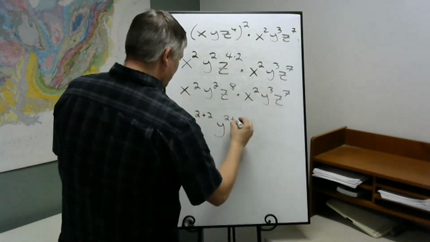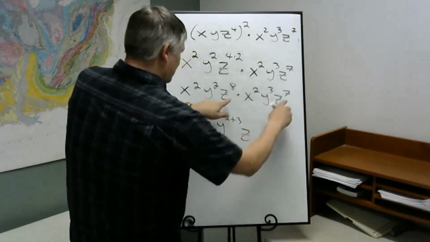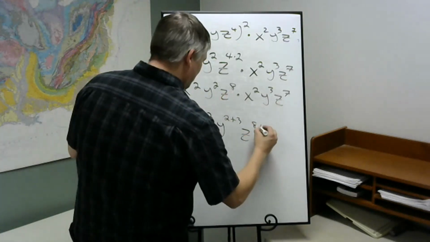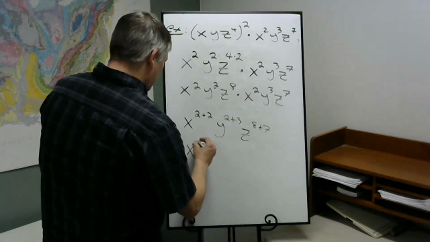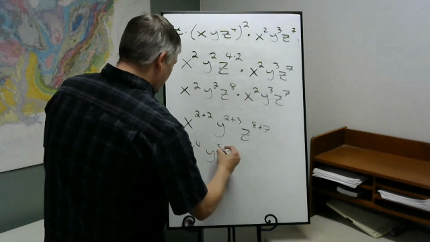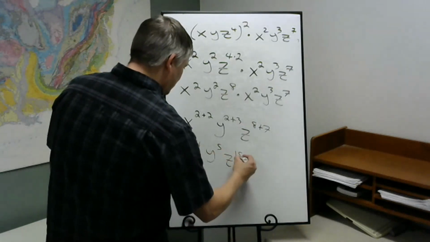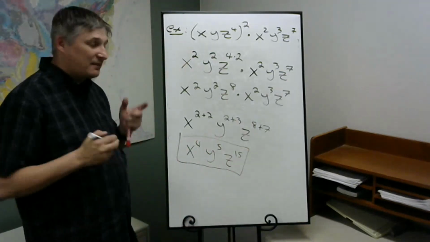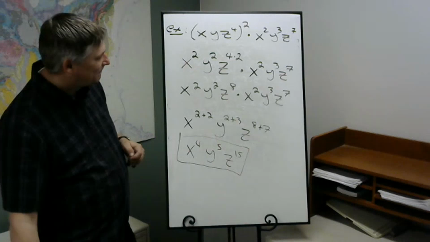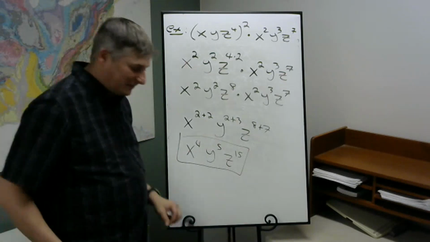Same with these. Same with these. So what that gives us is x to the 4th, y to the 5th, z to the 15th. And that's going to be your answer. All right.